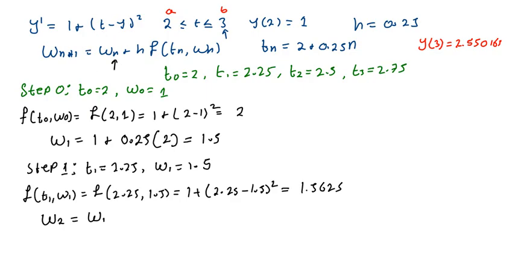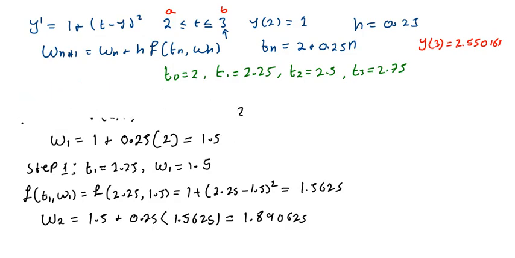So our w1 we already calculated is 1.5, plus our h, which is 0.25, multiplied by 1.5625, and this is going to give you something like 1.890625.